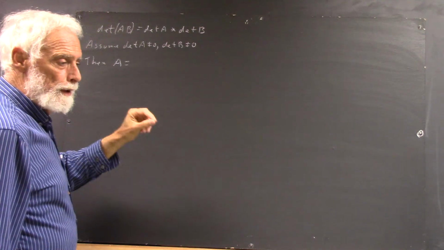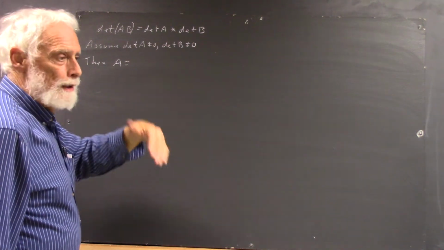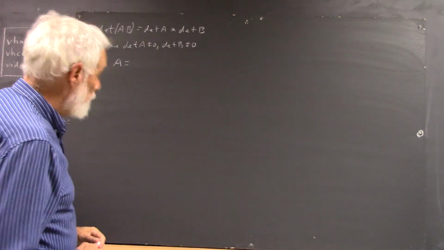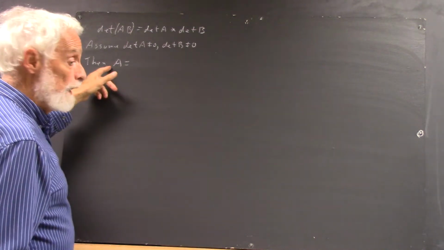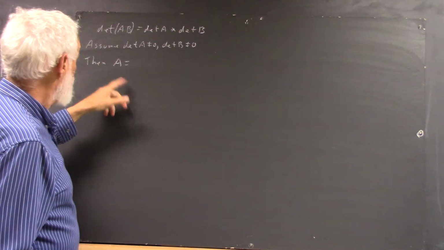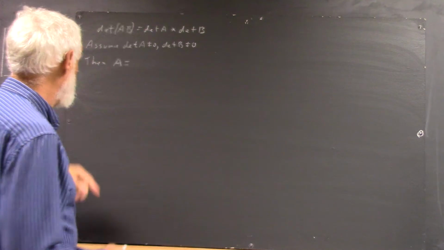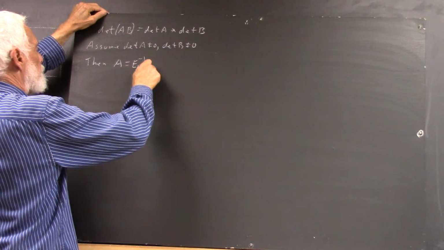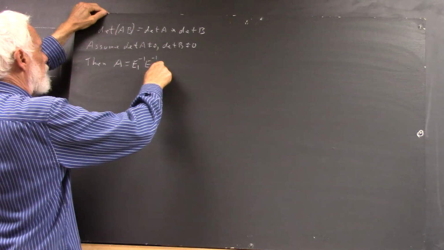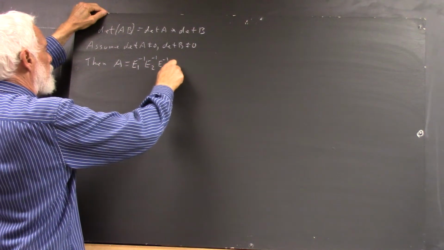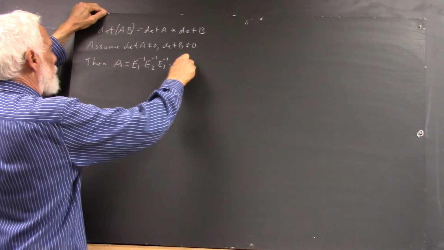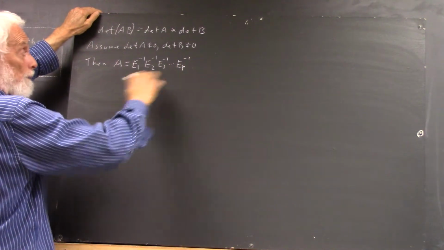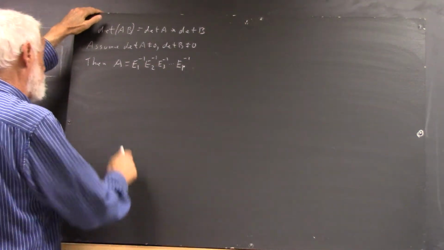And if E1, E2, etc., up to E sub P, where P is the number of elementary matrices we need, are used to reduce A to the identity, which can be done as long as the determinant of A is non-zero, then A is going to be E1 inverse, E2 inverse, E3 inverse, up to E sub P inverse, for some set of elementary matrices.